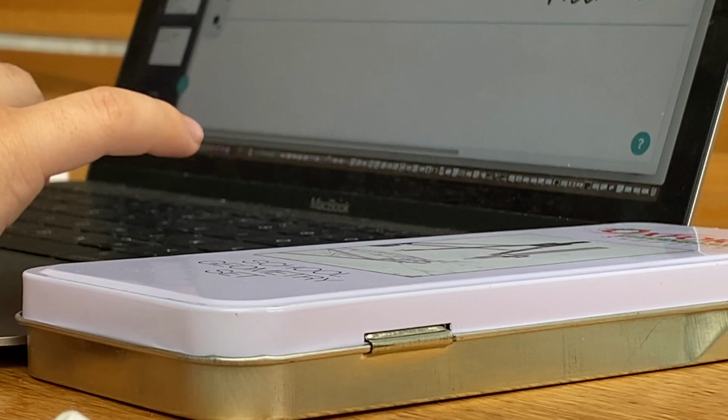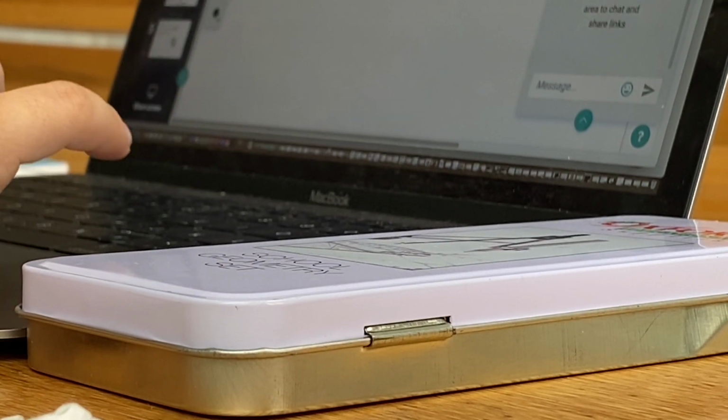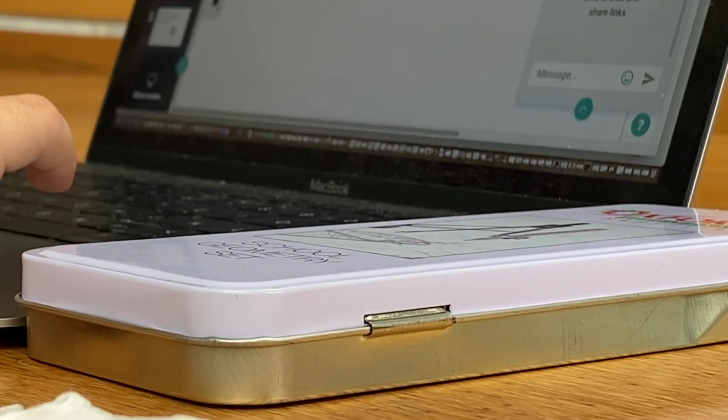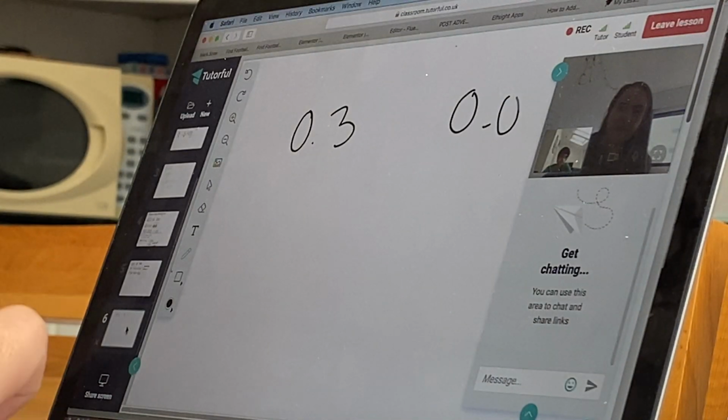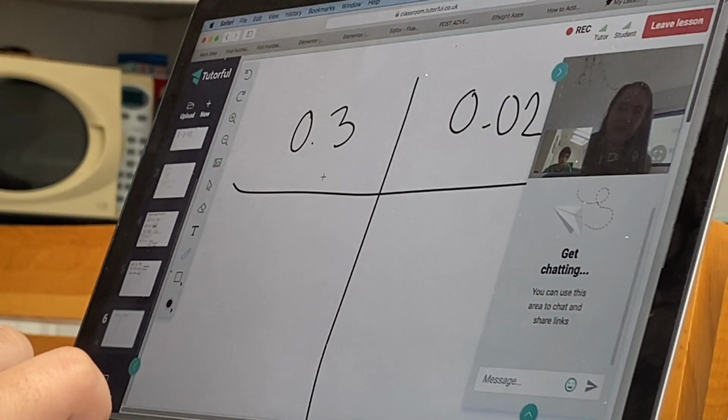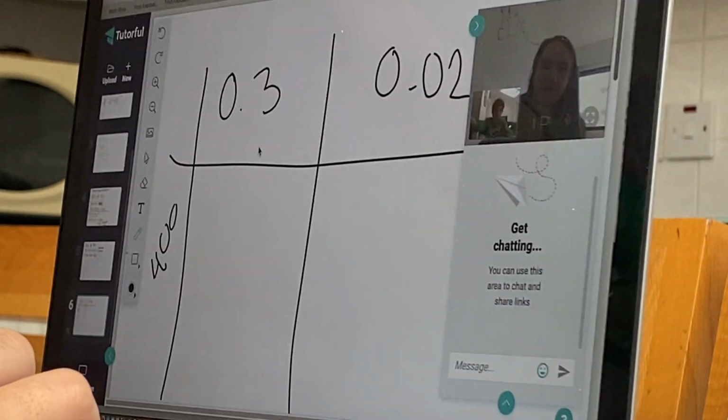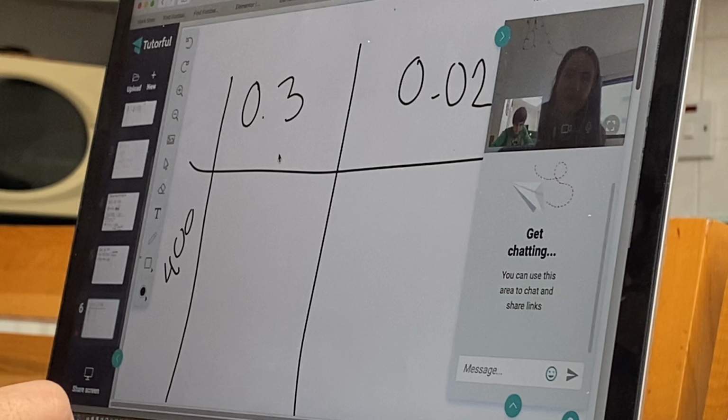We are multiplying 0.32 by 400. Let's check that answer. Maybe we can try the grid method here. So the grid method says 0.3, 0.02, and 400. Like this. So we can fill in the grid pattern here.